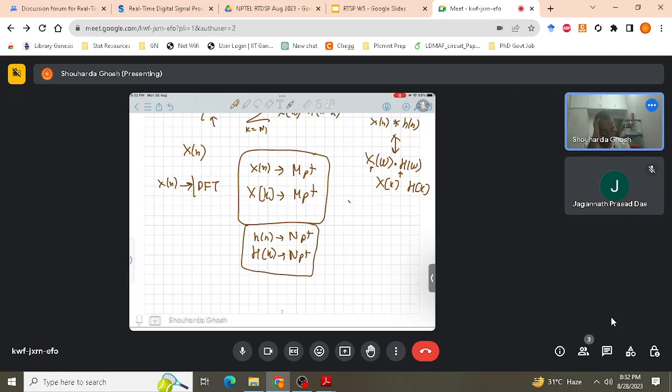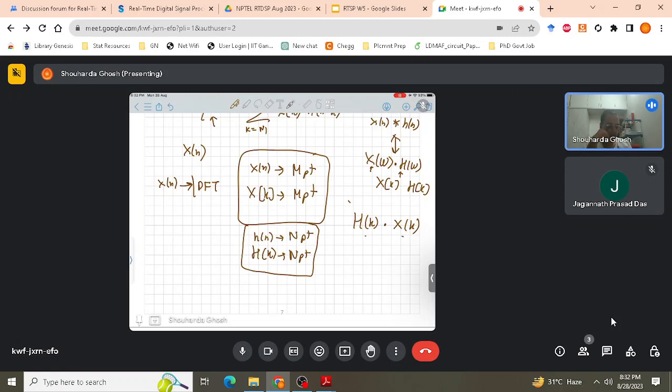But then we want to find H[k] times X[k]. But see here, both the sequences have different numbers of elements. This one is M points and this one is N points, so the multiplication won't take place at all.